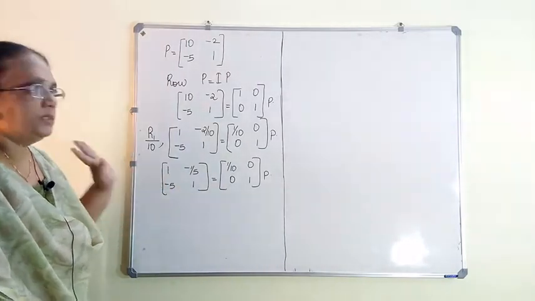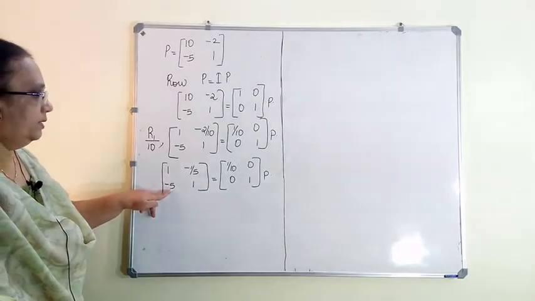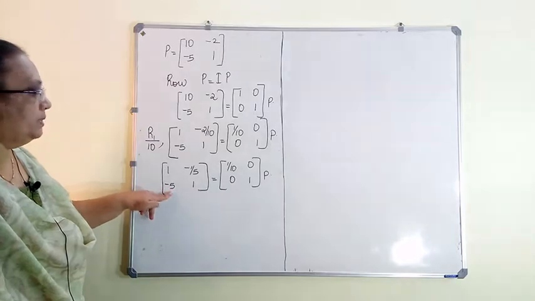So these two elements are okay. Now I have to make this as 0. Isn't it? This minus 5 should become 0.